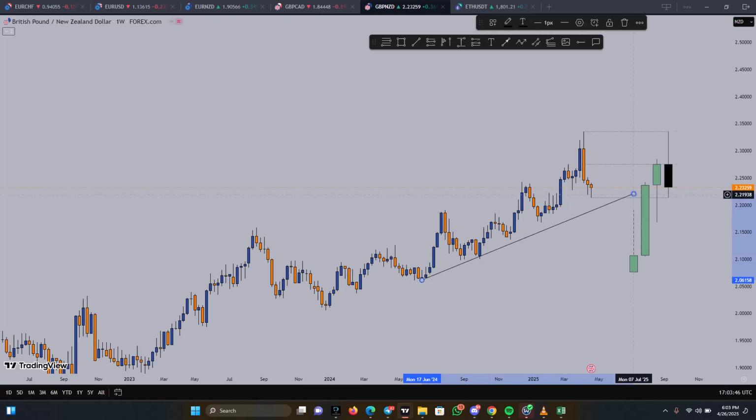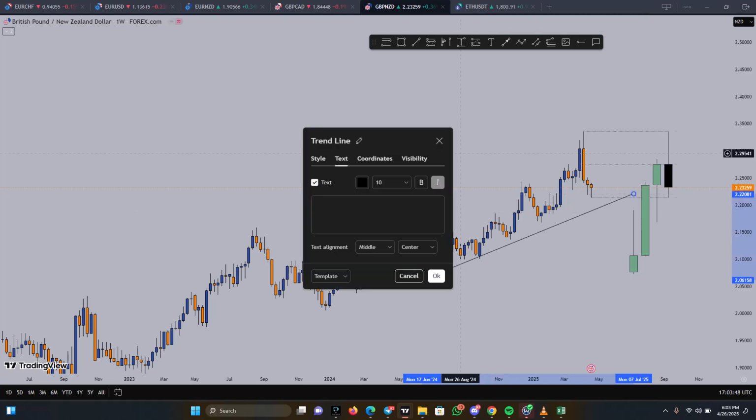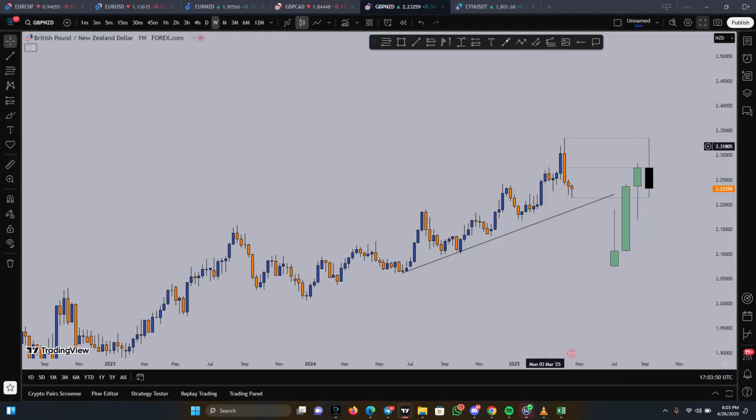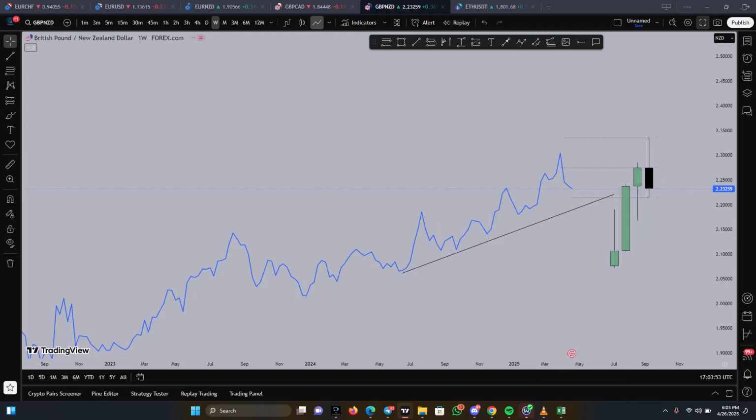I think a trend line. Let me see. There's a particular trend I drew that made it. Yeah, I know it was on the line chart. Yes, I drew it from the line chart. No, it's from here. So I drew it from the line chart, the line chart that gave me that particular one.